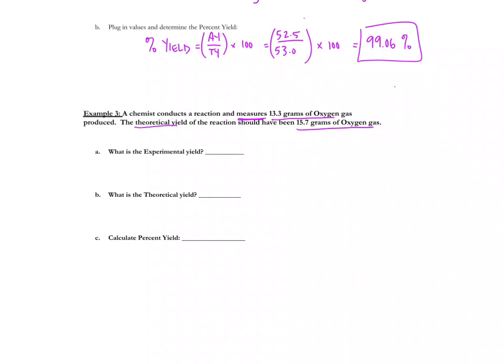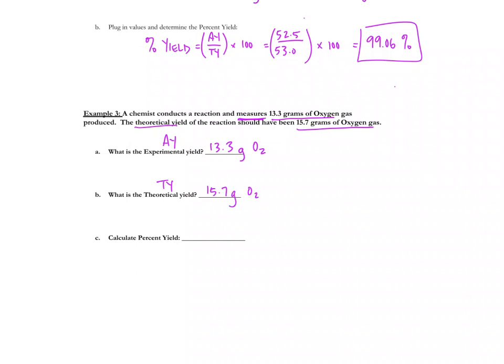So in the experiment, it's what you actually determine. So experimental yield is the same thing as the actual yield. And he actually measured 13.3 grams of oxygen gas. What he should have measured is the theoretical yield. In theory, if the experiment was perfect, he should have measured 15.7 grams of oxygen gas.